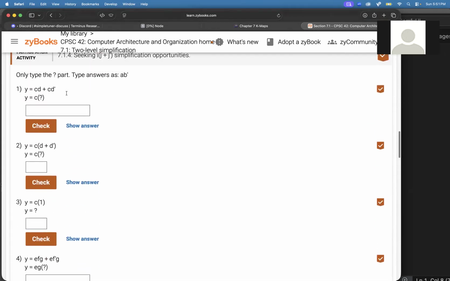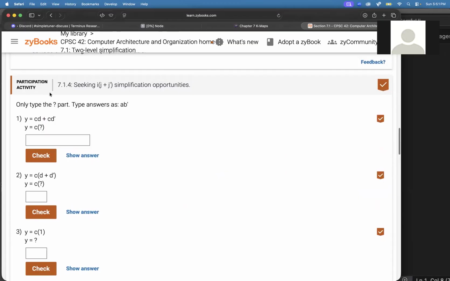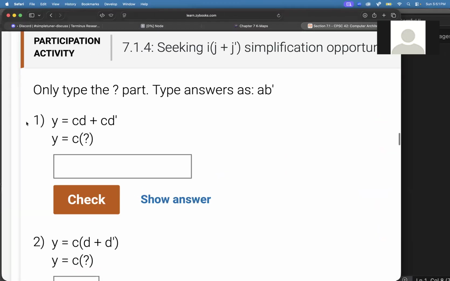So imagine you're simplifying this. They want you to do it step by step. So this exercise 7.1.4, you would factor out the C, right? And so you'd have C times D plus not D, but they want you only to write the part that's in the question mark, which is just the D or not D. So just that much is what they want.